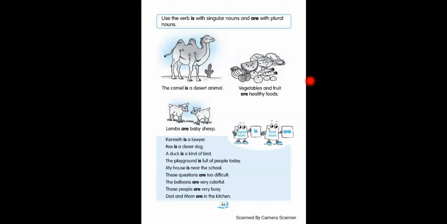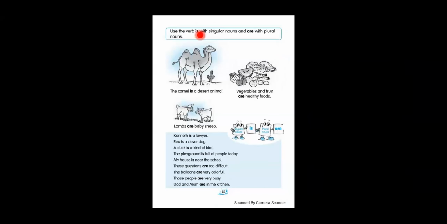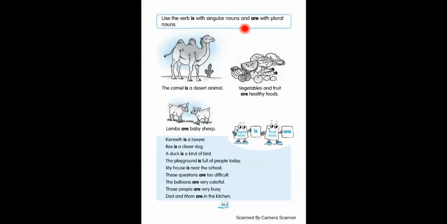And then we have seen that is is used with singular nouns, and are is used with plural nouns, right? The mangoes are delicious. And with singular nouns, an apple is a fruit. An apple is a red color fruit.